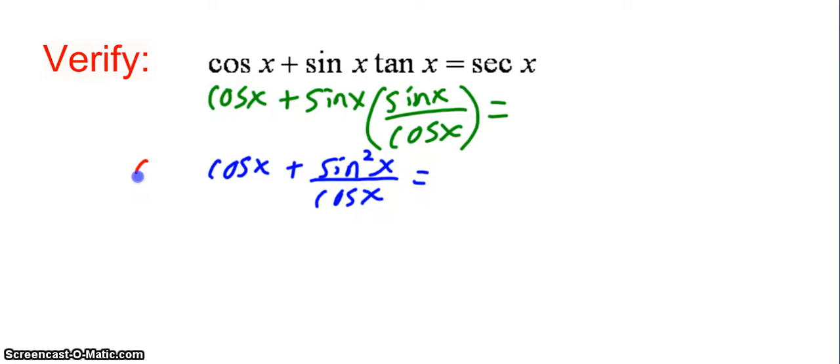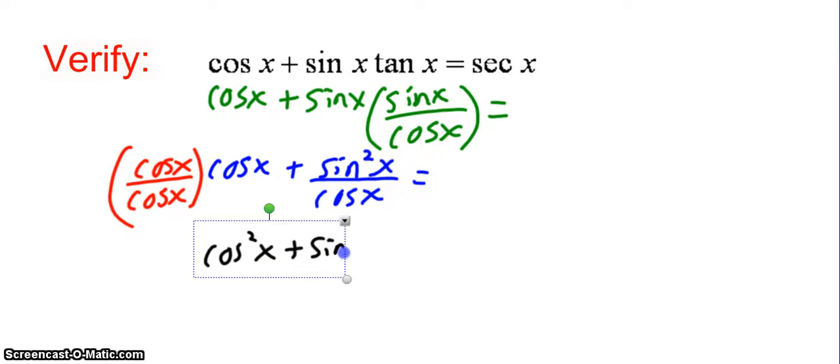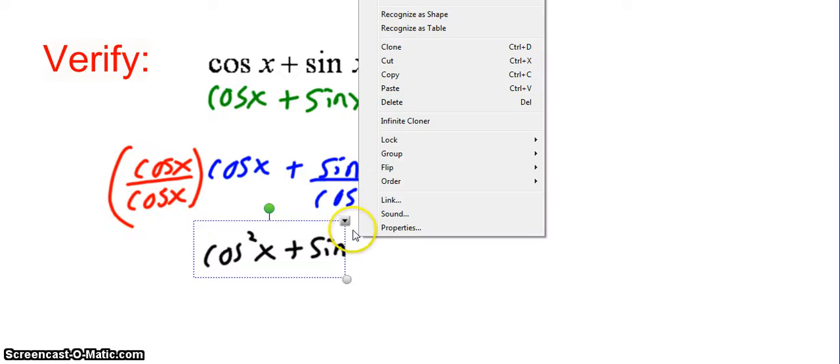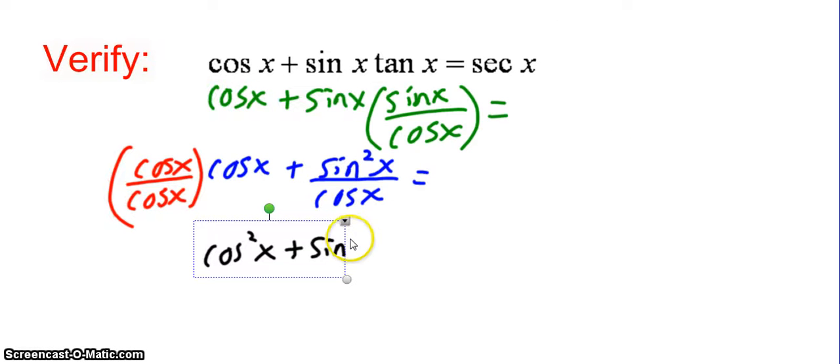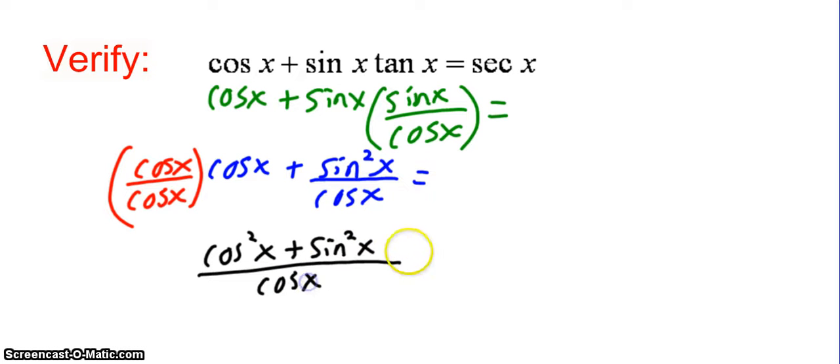So I'm going to multiply the top and the bottom of this by cosine, so I get a common denominator. So now I have cosine squared of x plus sine squared of x all over cosine of x.